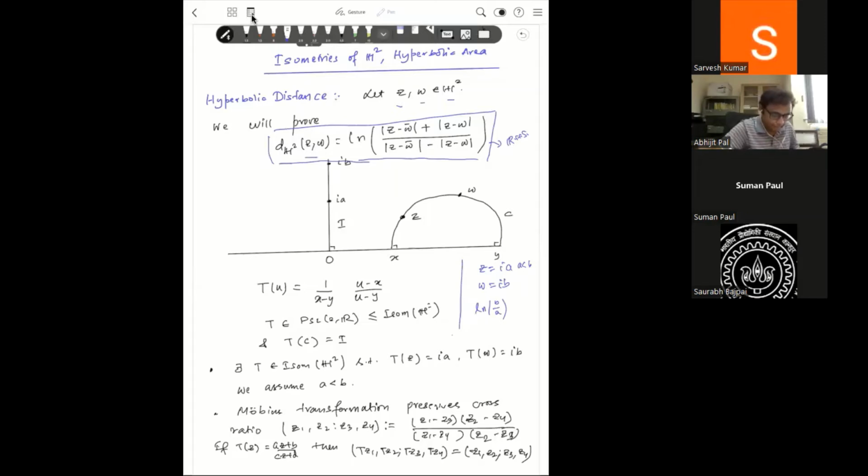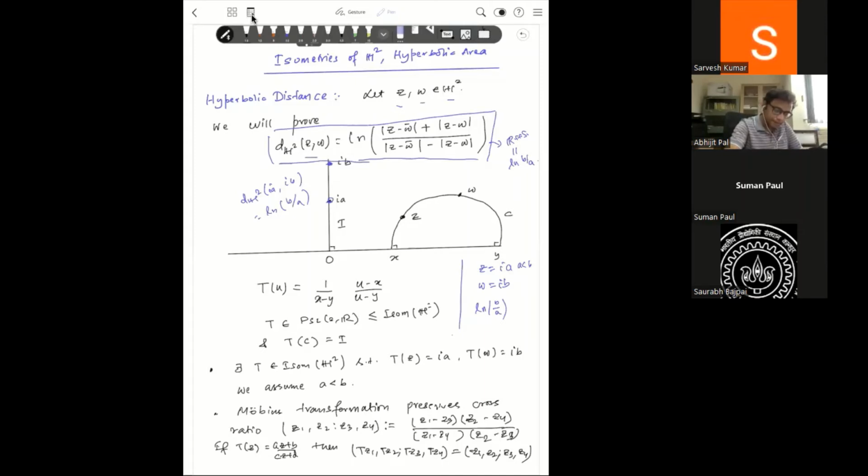Yes, so the right hand side is log B by A, and we have already checked that the distance between iA and iB is log B by A. So this formula is proven for points on the imaginary axis.